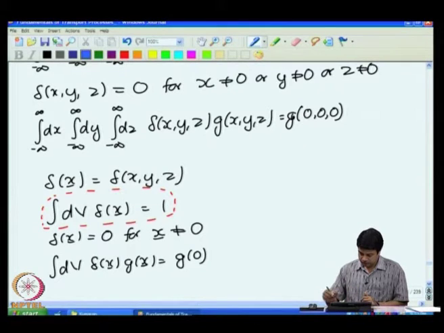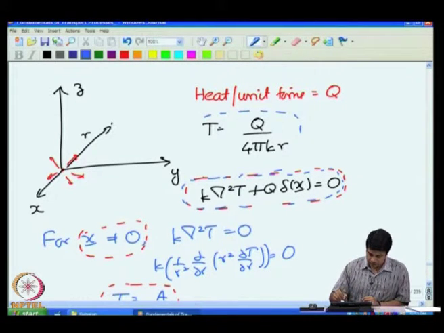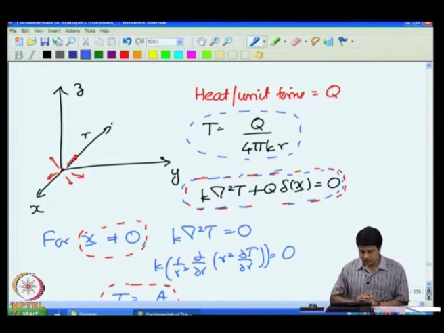Okay. And finally, we saw that the solution for the point source is a solution of the equation k del square T plus Q times delta of x equal to 0. So, if I have a source of the form of a delta function times Q, note that the delta function has dimensions of 1 over volume.